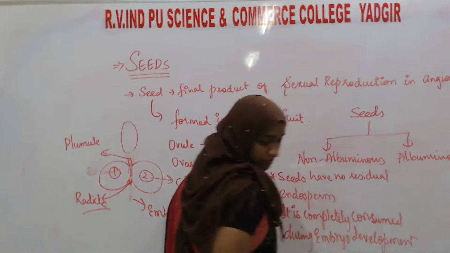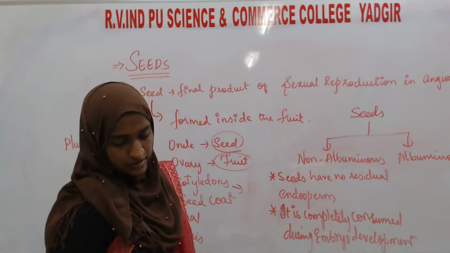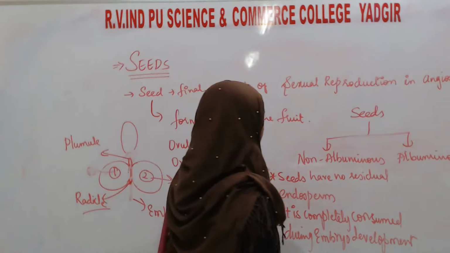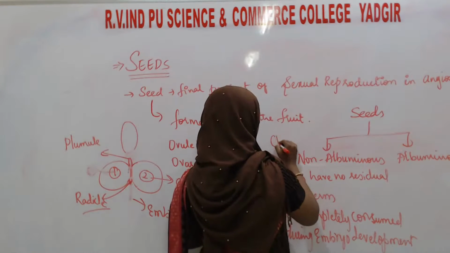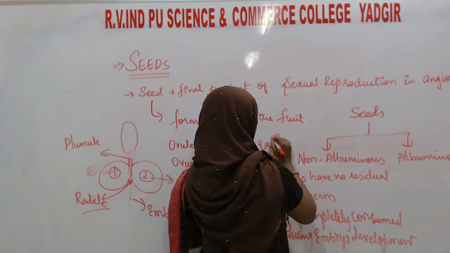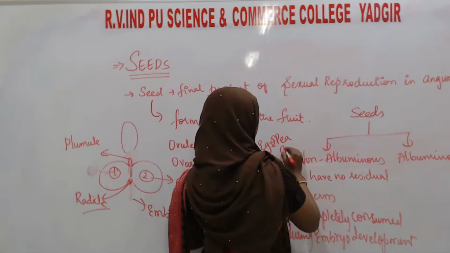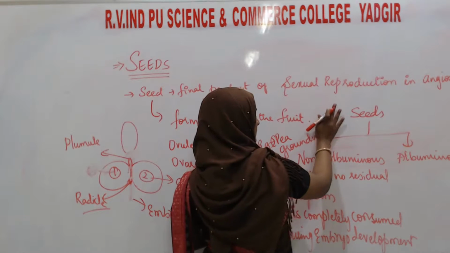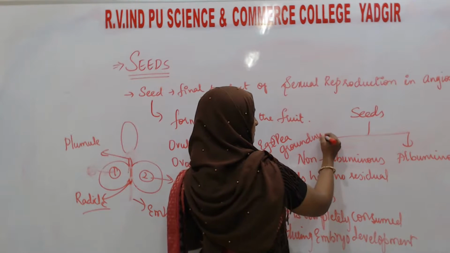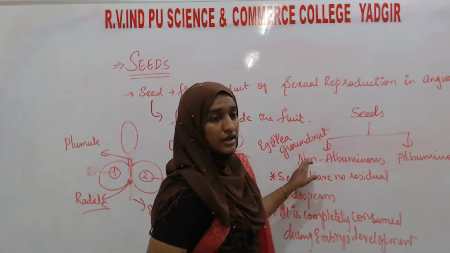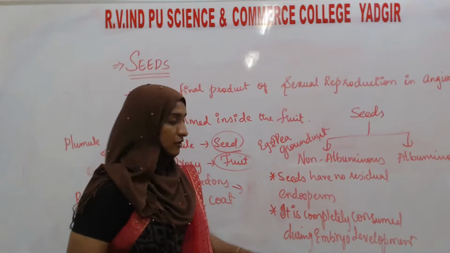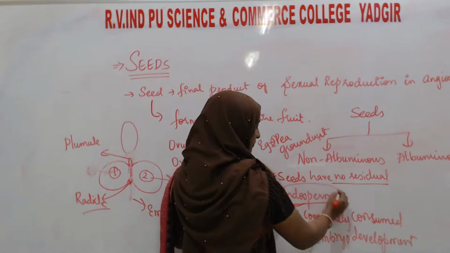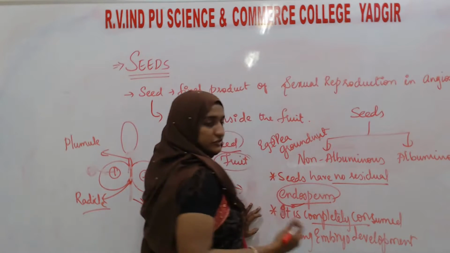Examples of non-albuminous seeds are pea and groundnut, where there is no residual endosperm because the endosperm is completely consumed during embryo development.